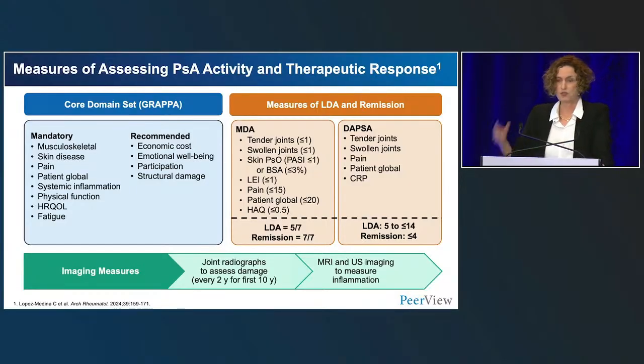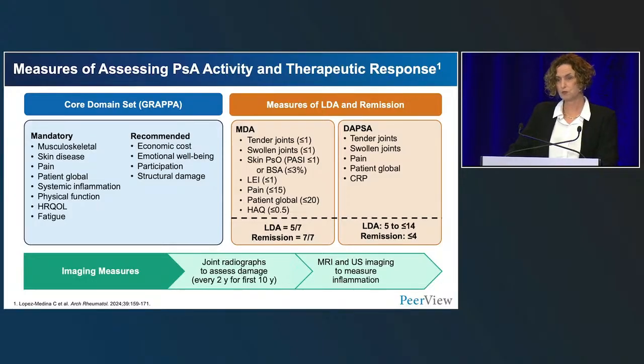And once we have this in mind, we could better select therapy because different therapies have different efficacy for different PsA domains. We also adopted the treat-to-target approach, and there are two accepted targets: minimal disease activity, or MDA, and DAPSA low disease activity.